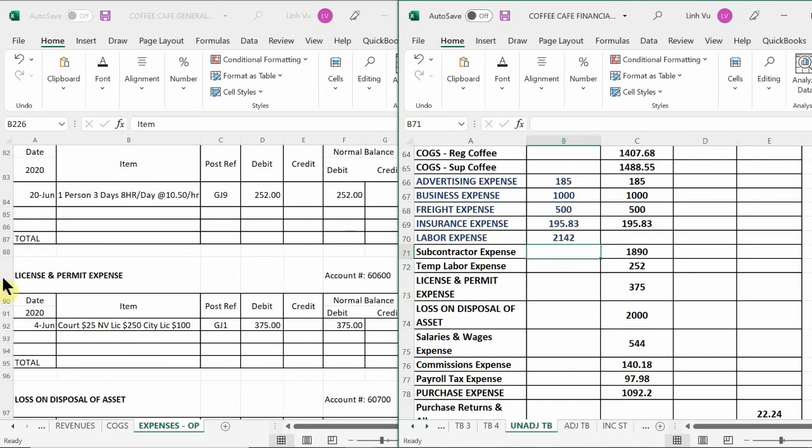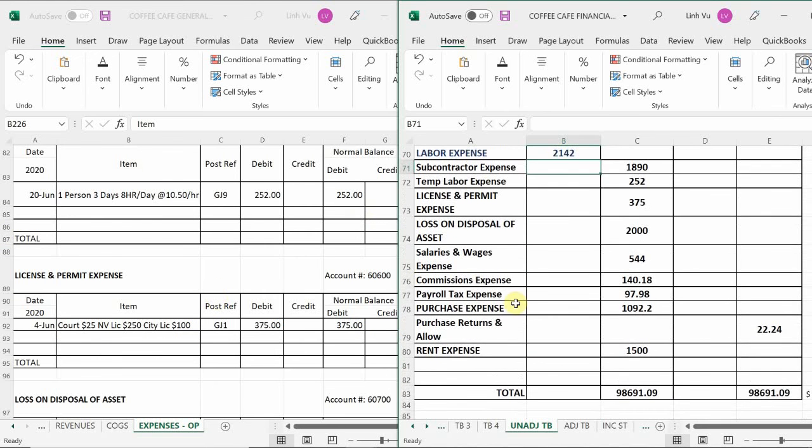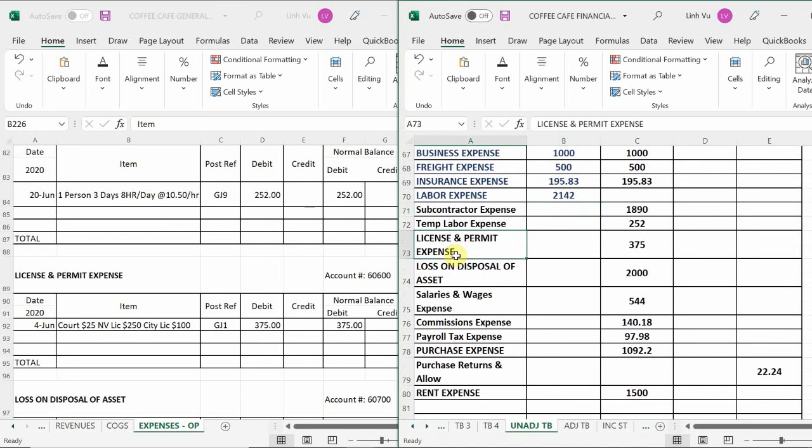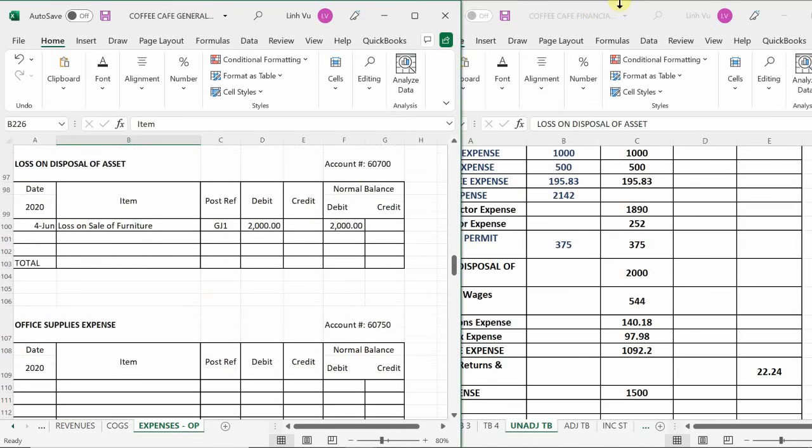Okay. Next one we have here is the license and permit expense, which is still at $375. Then you have loss on disposal of asset for $2,000.